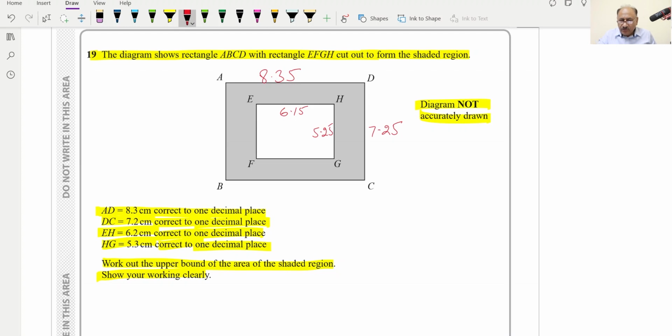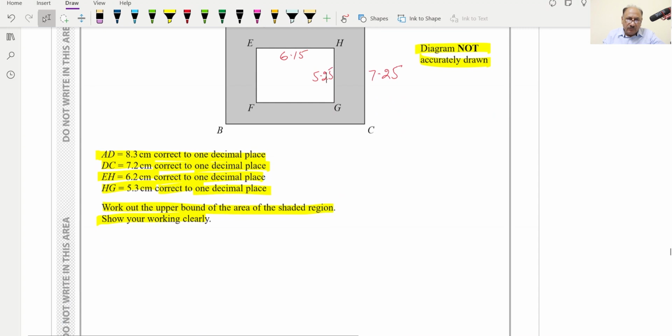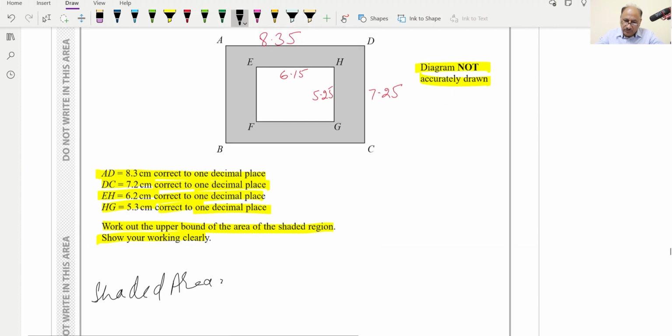Now we have calculated this. The shaded area will be equal to the area of the outer rectangle, 8.35 multiplied by 7.25, minus the area of the inner rectangle, 6.15 multiplied by 5.25.